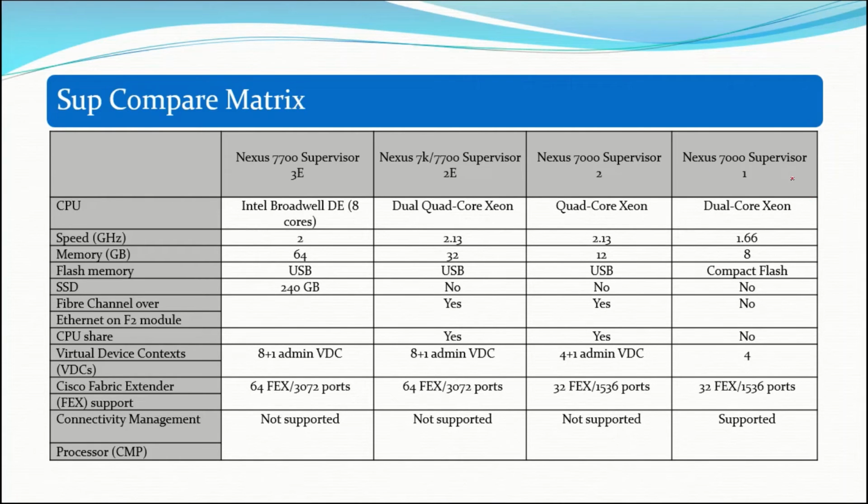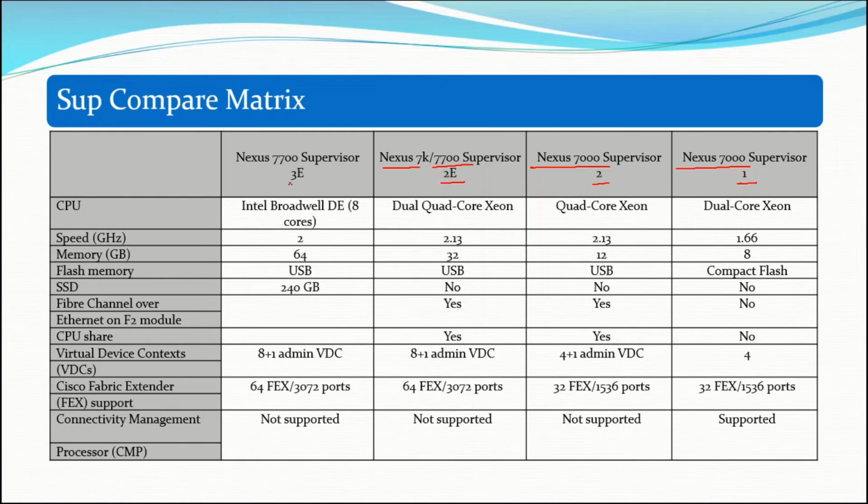For example, in these 7000 series switches, you will notice we can install supervisor engine 1 and 2. But 2E is an enhanced version that can be used in either the Nexus 7000 or 7700 series of switches.